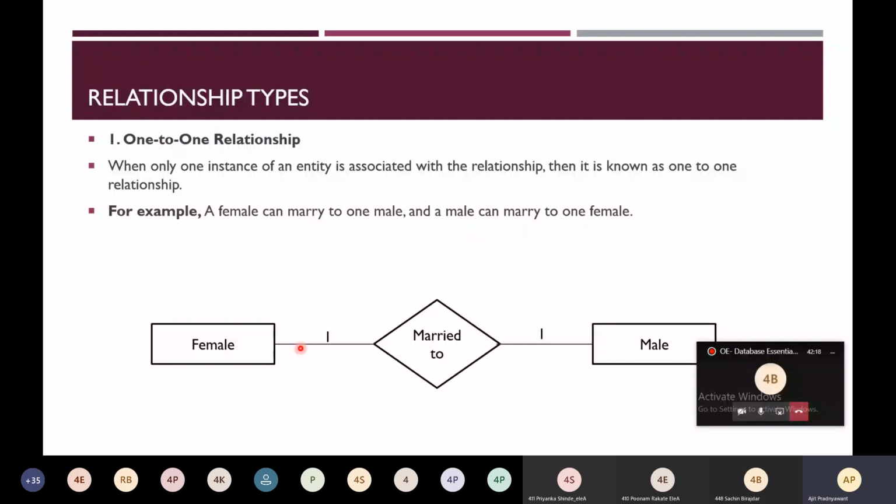Diagrammatically, this is your female entity represented in a rectangle. This is a male entity. This is our relationship married to, and one female is married to one male, and one male is married to one female. So this is called one-to-one relationship.